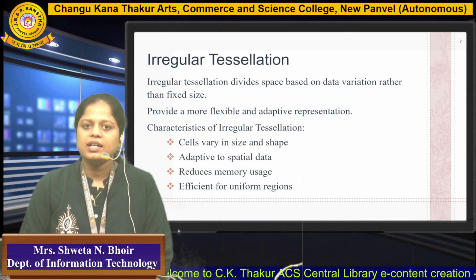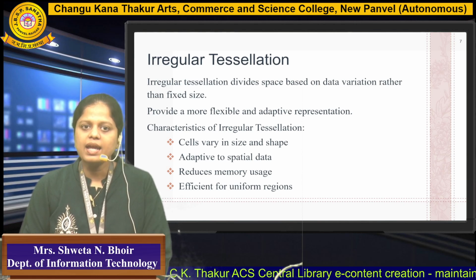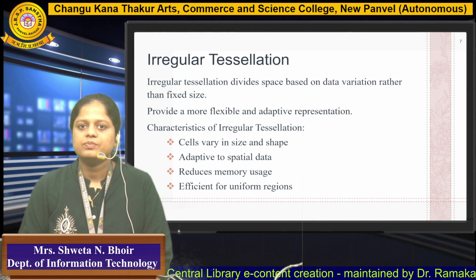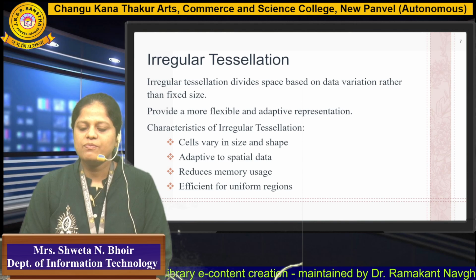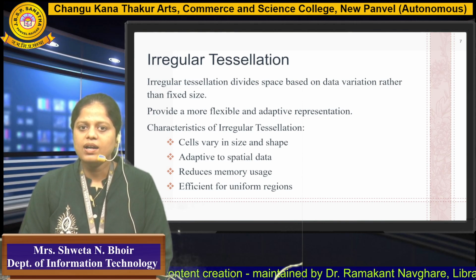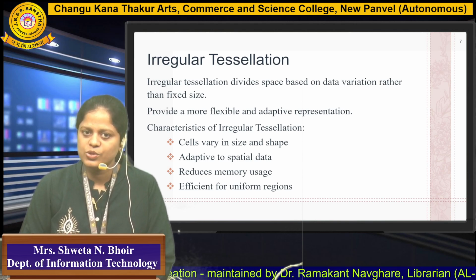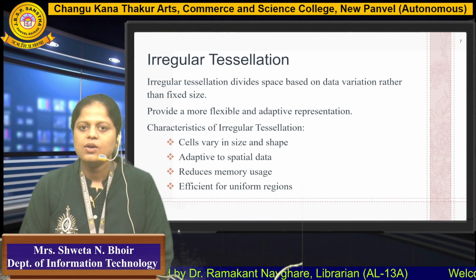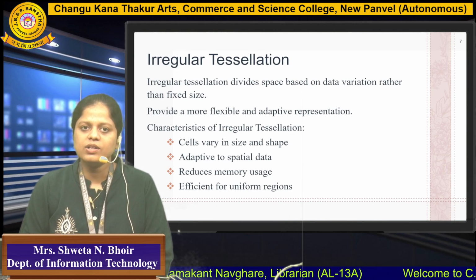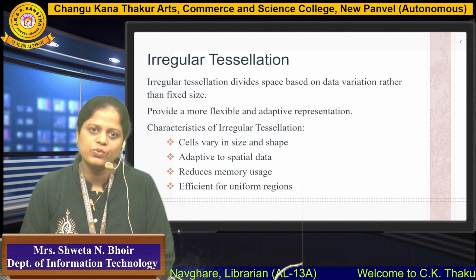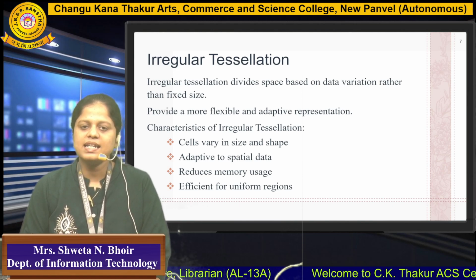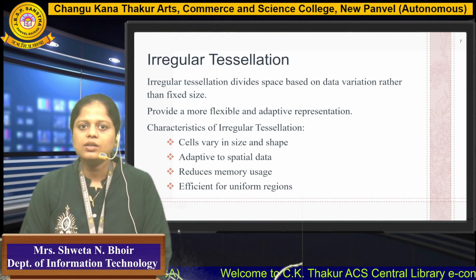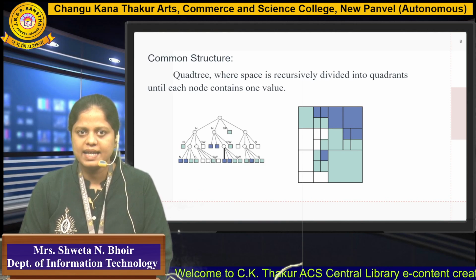It reduces memory usage because of the different cell sizes, requiring less memory storage, and it is efficient for uniform regions. Normally, irregular tessellation is most widely used because it is flexible and more adaptive. So these are the two types of tessellation.